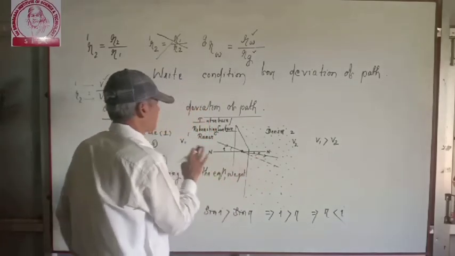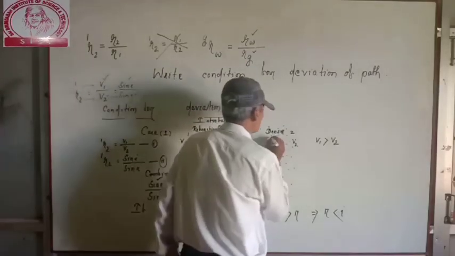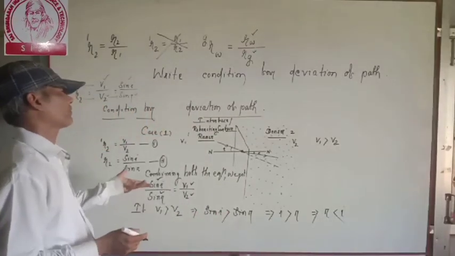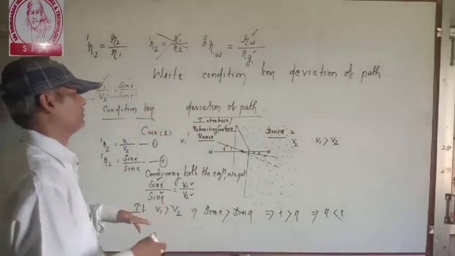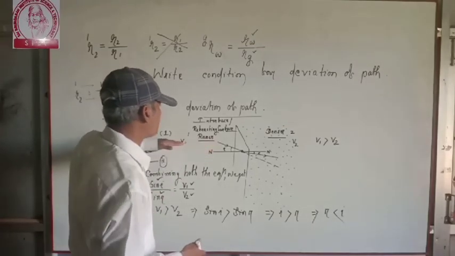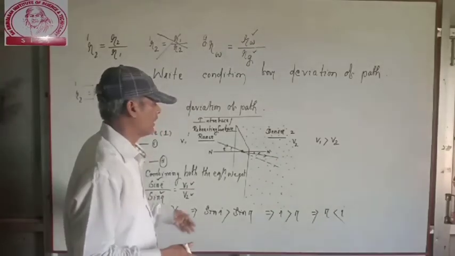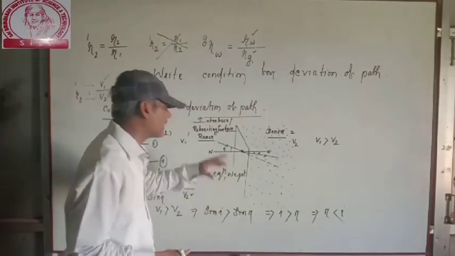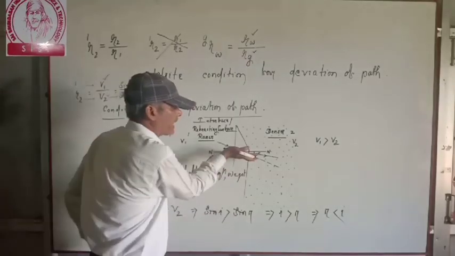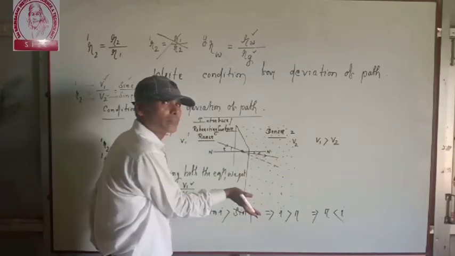Because the ray is propagating from rarer medium to denser medium. In case the ray is propagating from denser medium to rarer medium, it will reverse the condition here. What we got here? The refracted ray bends away from the normal.